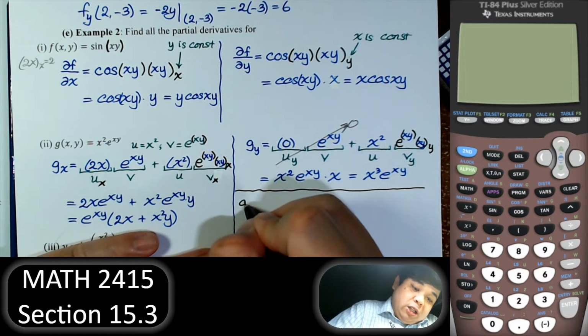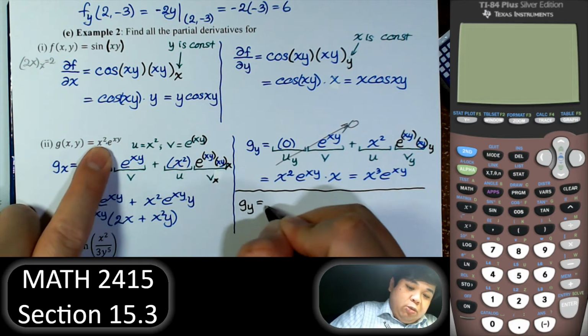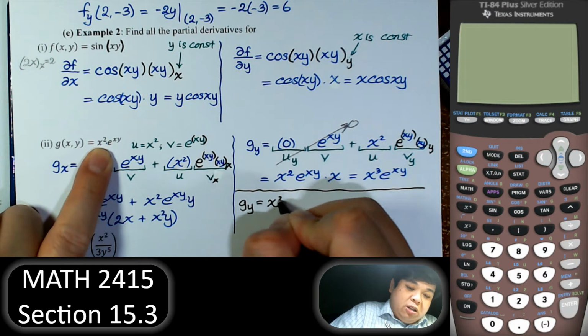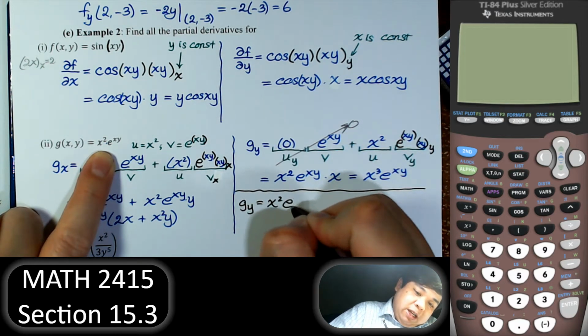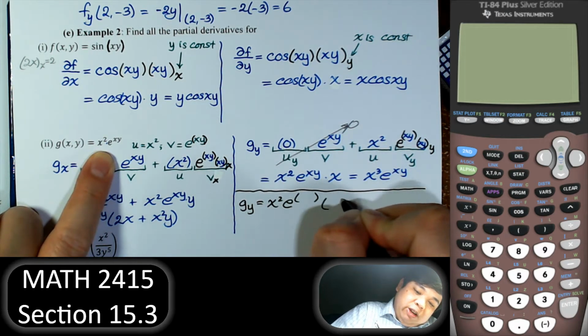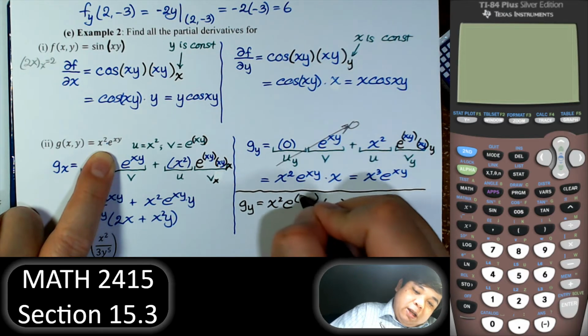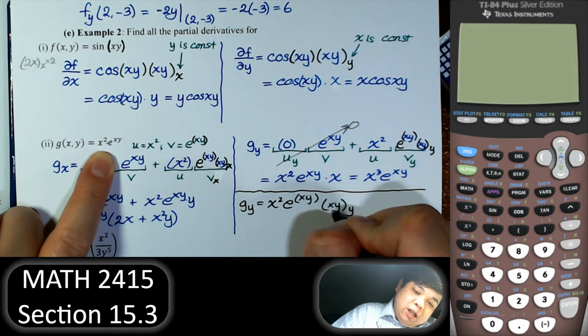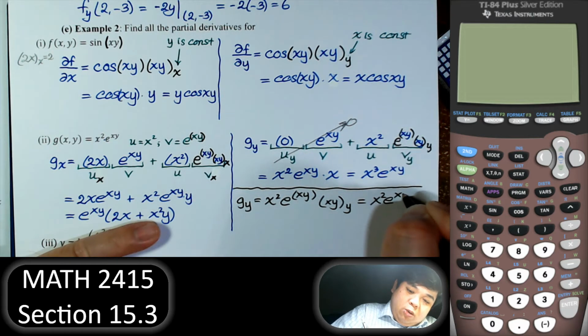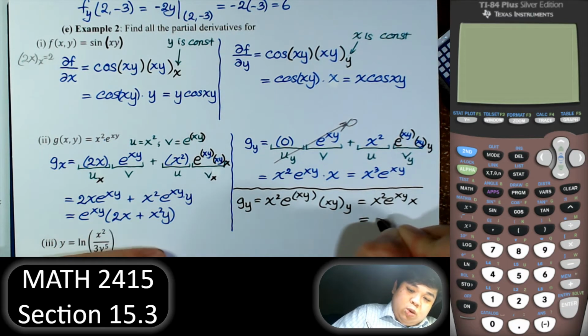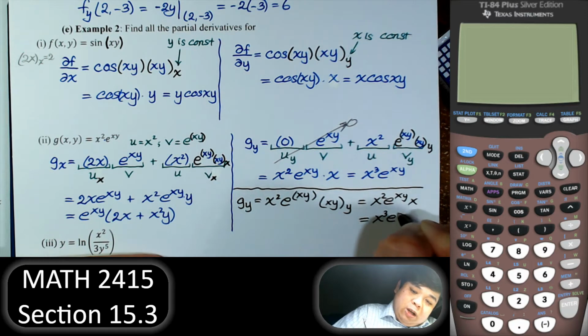If we want to, we can just say the derivative here is going to be just x squared, which is still a constant, so we don't need to use the product rule. And then we have e to something, derivative of that with respect to y, and xy, xy, and then of course the same thing, x squared e to the xy times x, which is x cubed e to the xy.